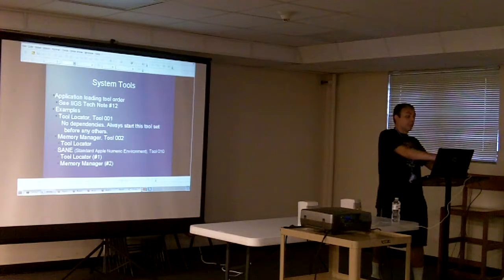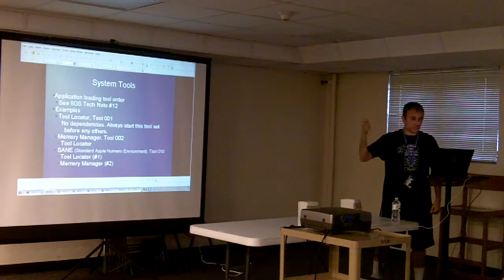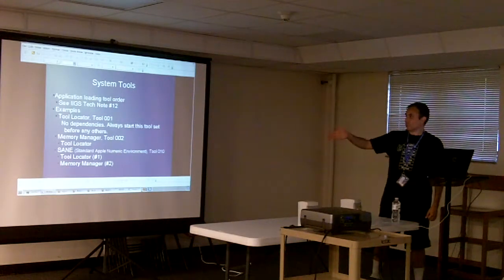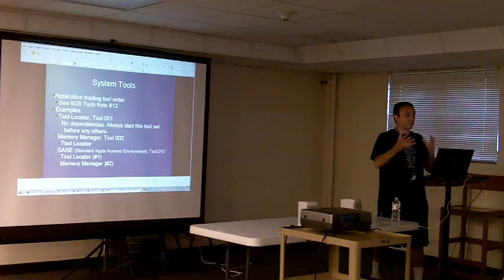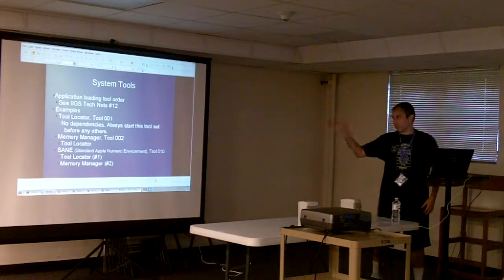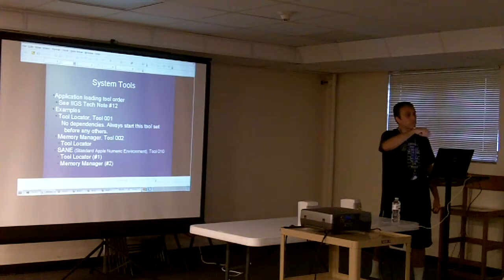Somewhere I have to start at the beginning. The beginning is the tool locator, which is tool number one, and I'm using decimal numbers, so tool 001. A tool number can be up to 255, so it can be up to 3 digits long. Apple's naming structure in their system tool directory uses the tool number.